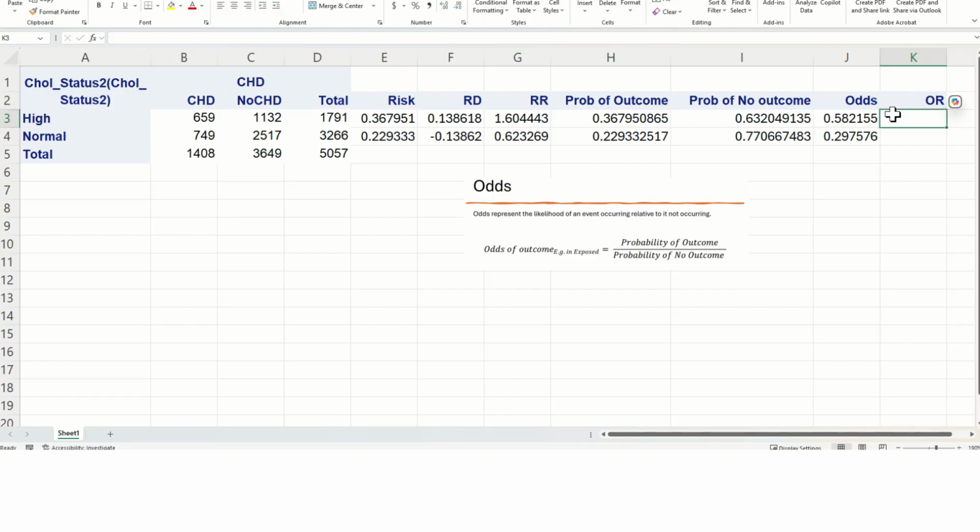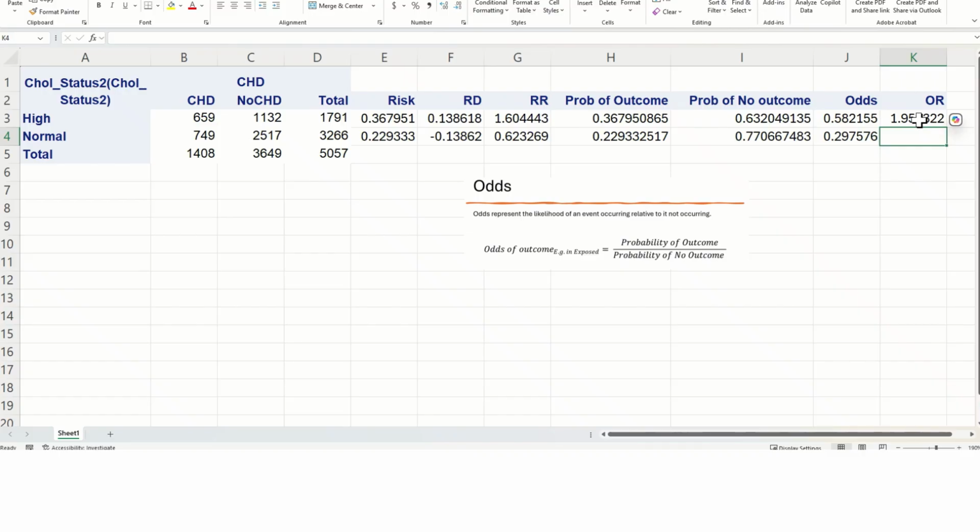Odds ratio is the odds of chronic heart disease among high cholesterol individuals divided by the odds of chronic heart disease among normal cholesterol individuals, which is 1.95.